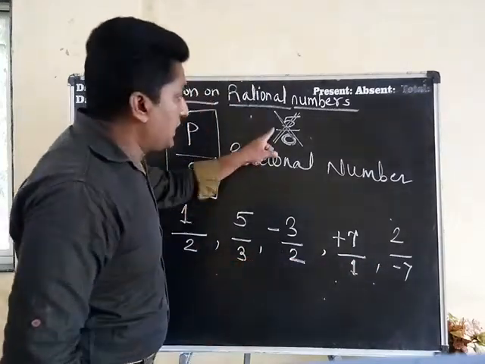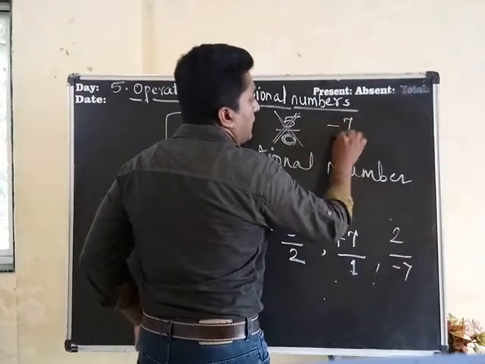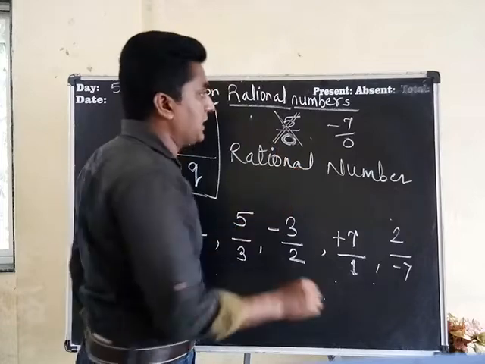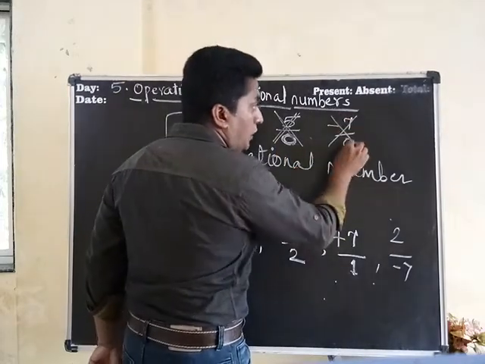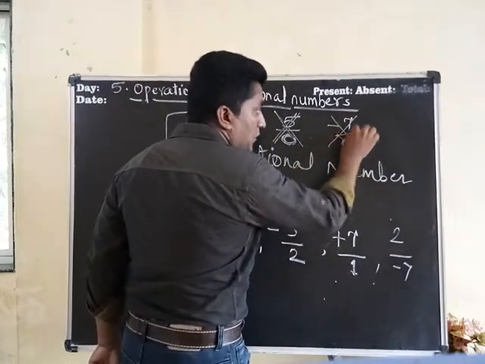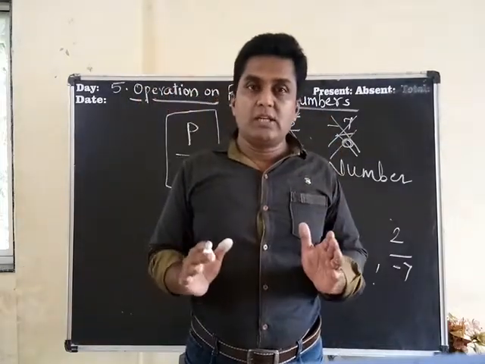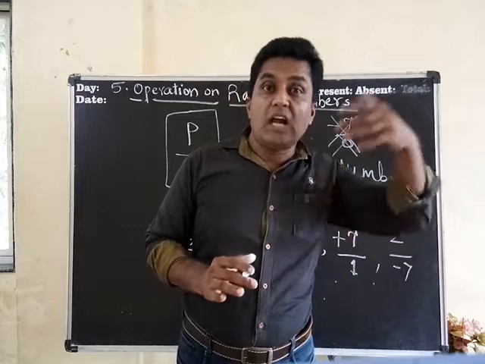Nowhere here in the denominator will you find 0. See, here I tried to write minus 7 upon 0. Is it a rational number? No, it is not a rational number. It is wrong. Why is it wrong? Because there is 0. That is why 0 will not come. Hope so you have understood what you learned last year.